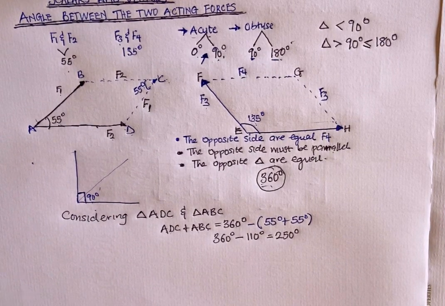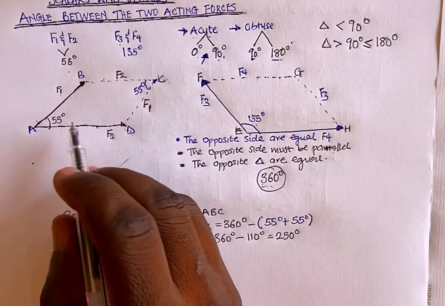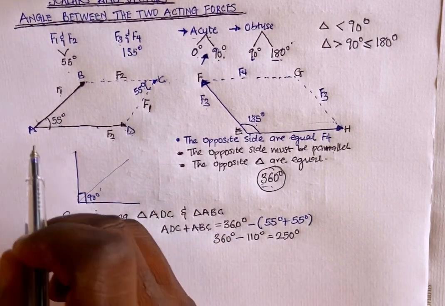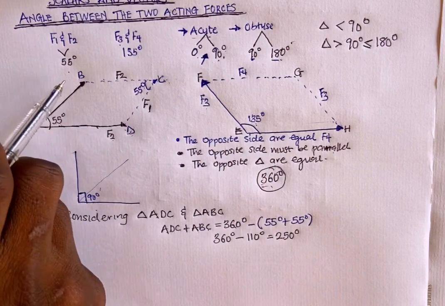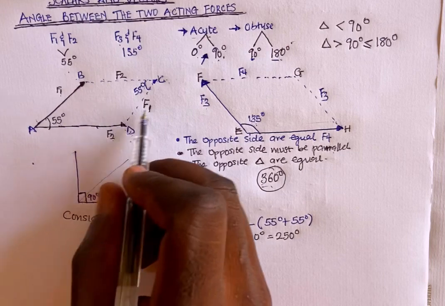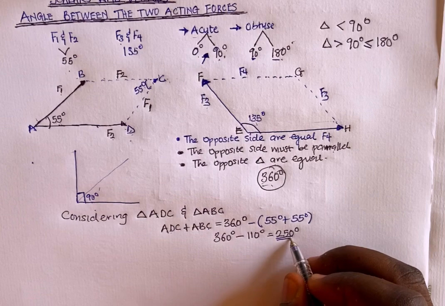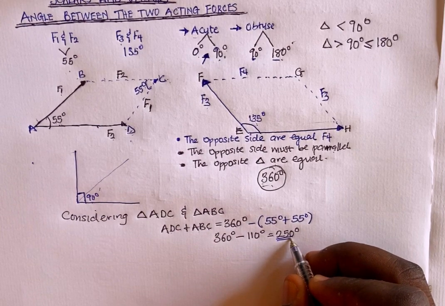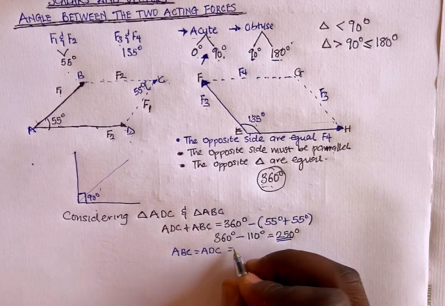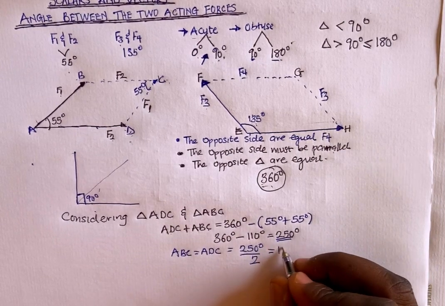So since angle ADC is equal to angle ABC, but the sum of angle ADC and ABC must be equal to 360, right? But we are only familiar with angle A and angle C, but we are not familiar with angle B and angle D. So since both sides are equal and the opposite angles are equal, the 250 degrees is going to be ABC plus ADC, and each is 250 divided by 2, which is 125.